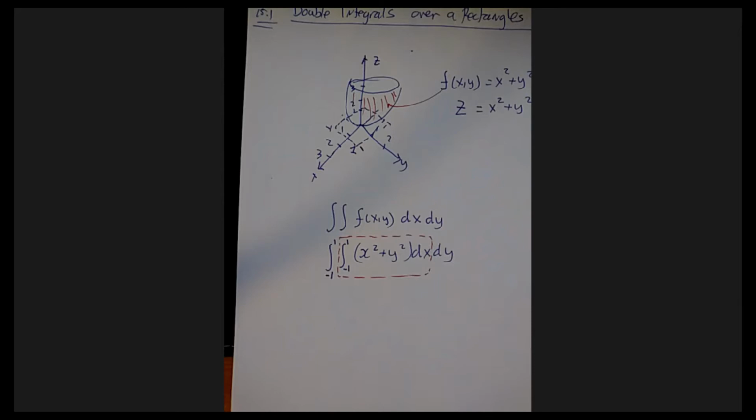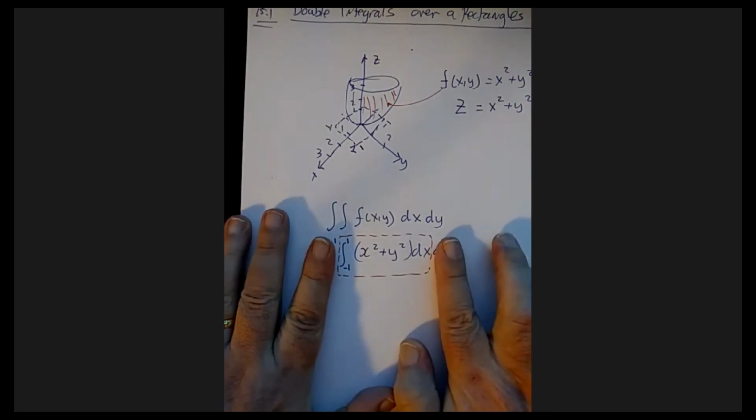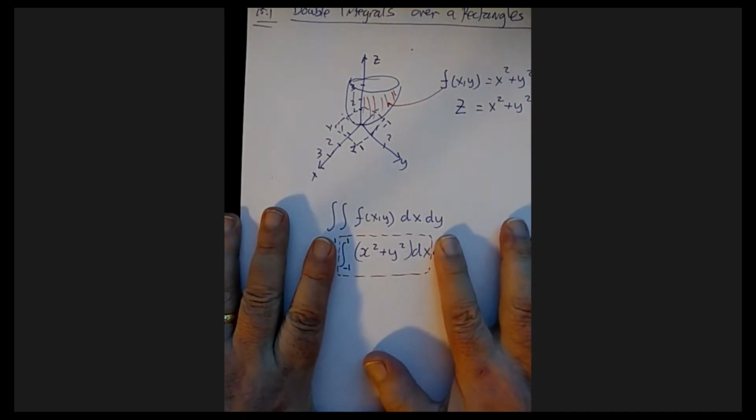If the world was fair and math made sense, what would be the natural way of doing just this single integral that I'm showing with the dotted box around it? How do you think you could integrate something like this with respect to x? Carry y through like a coefficient? Yeah, treat y like a constant.